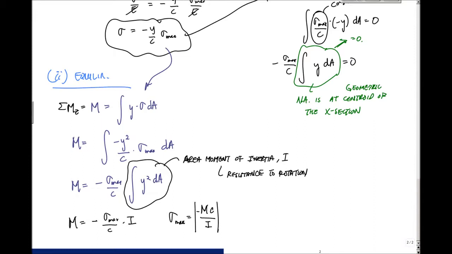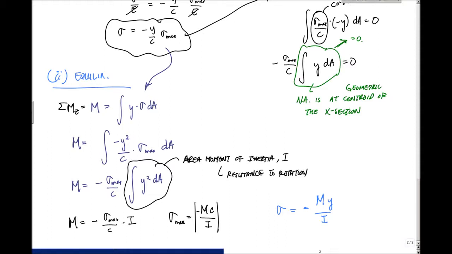In general, the normal stress sigma is equal to minus My over I. I call this the most selfish equation in the world because it's My and I, and it's negative. Depending on what you believe, selfishness is negative unless you're a big Ayn Rand fan, in which case it's good.